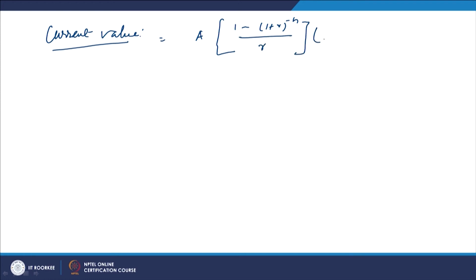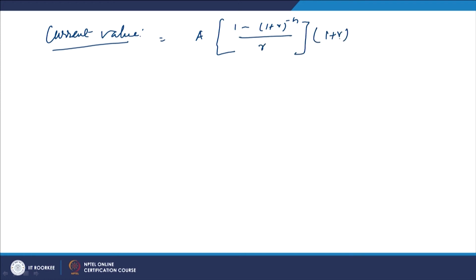Now further, when we have to calculate the current value in the case of annuity due, the current value for these due cases will be A into 1 minus 1 plus r raised to the power minus n divided by r into 1 plus r.